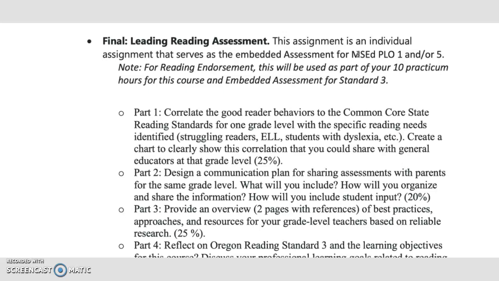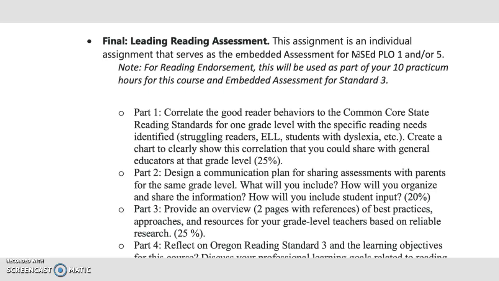So if you're in the degree, for the final course Ed 503B, the portfolio, where you pull artifacts together, this final assessment would be great to use as an artifact in your Ed 503B for program learning outcome 1 or 5.